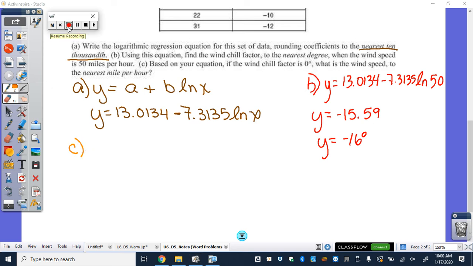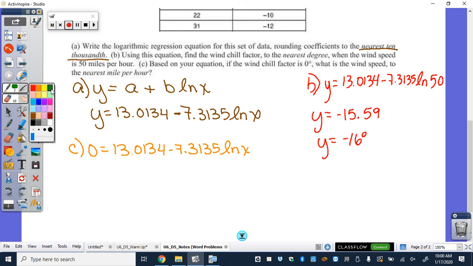So the last part, part C, based on your equation, if the wind chill factor is 0, what is the wind speed to the nearest mile per hour? So again, wind chill factor, is that X or Y? Y. Good. So we're going to put 0 in for Y. And we got to solve for X. So that means we've got to get the ln of X by itself first.